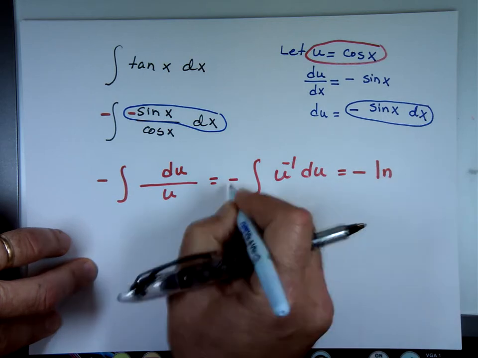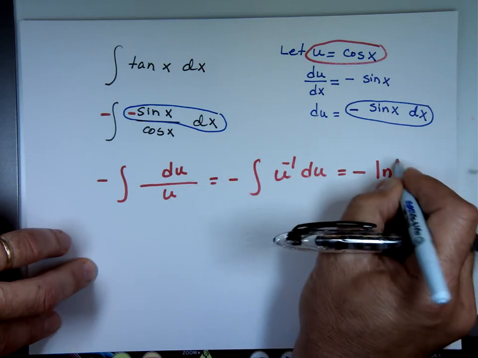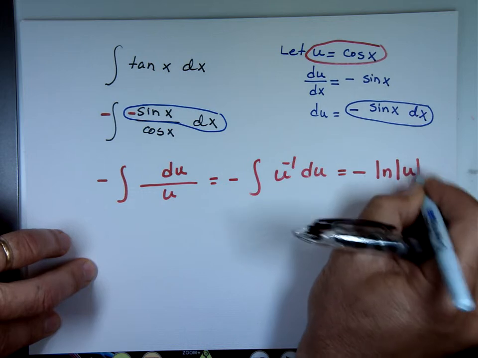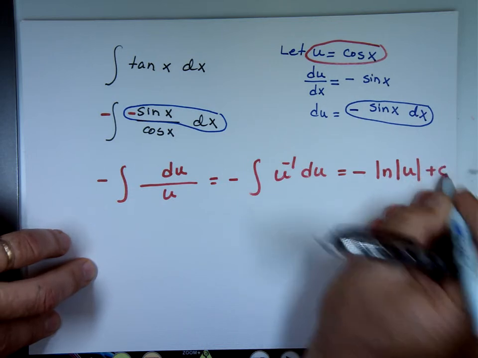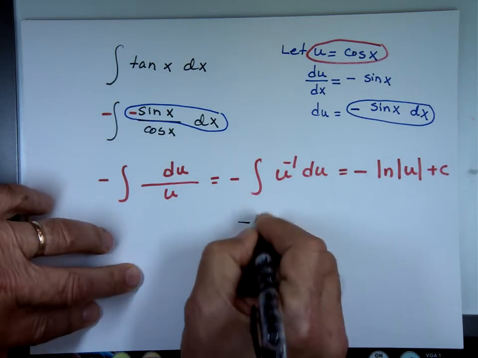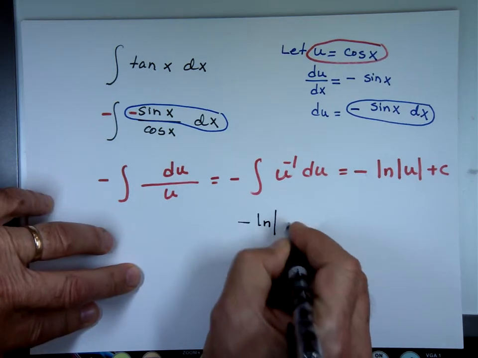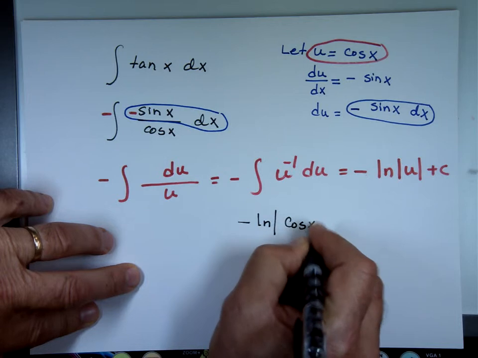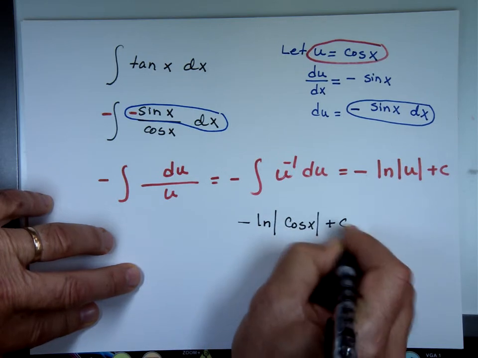There's the minus sign sitting outside, the natural log of the absolute value of u, right? What is u equal to? So it's negative the natural log of cosine x plus c.